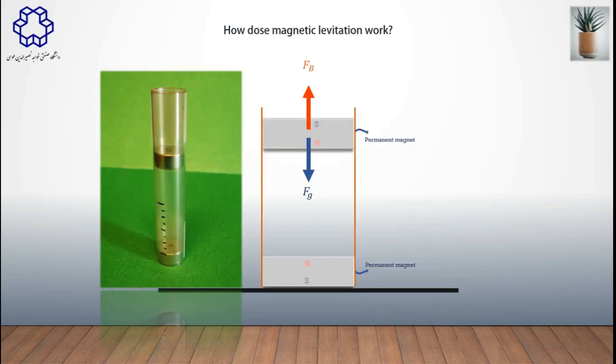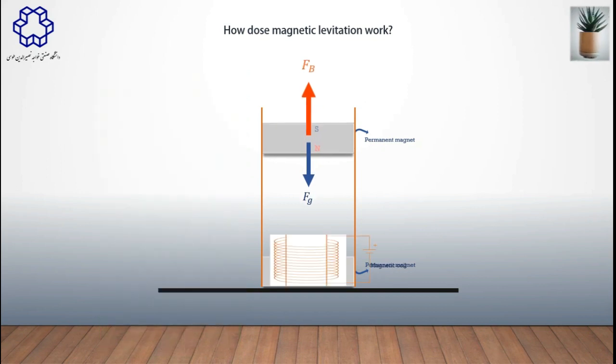Suppose we have two permanent magnets inside a tube with opposite direction, and they push each other, and if we push the upper permanent magnet, it pulls down and increases the force.